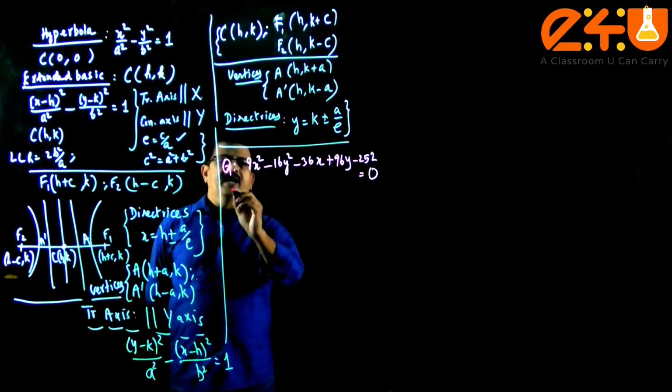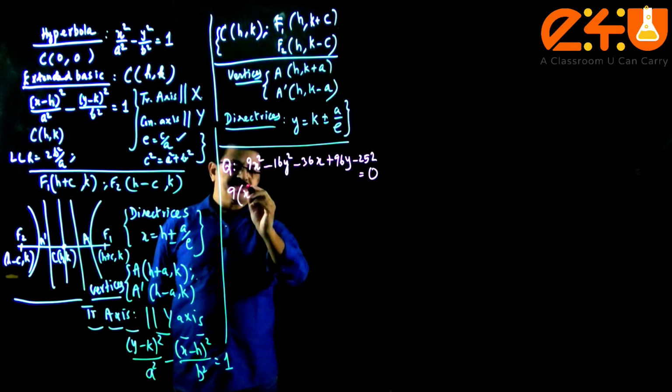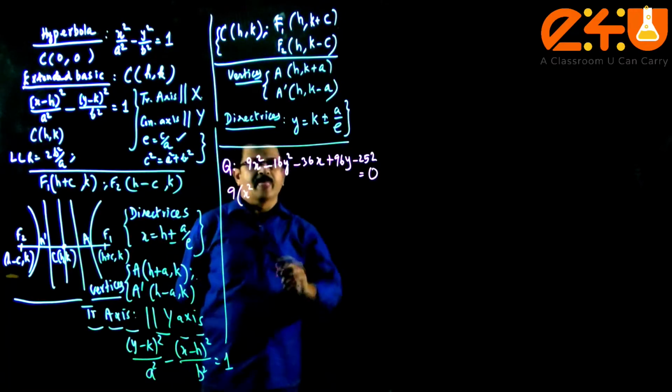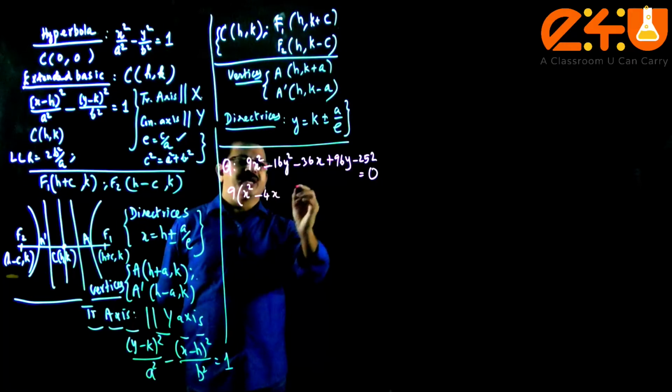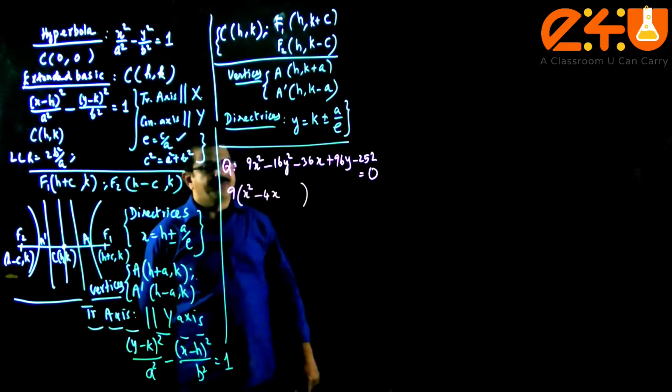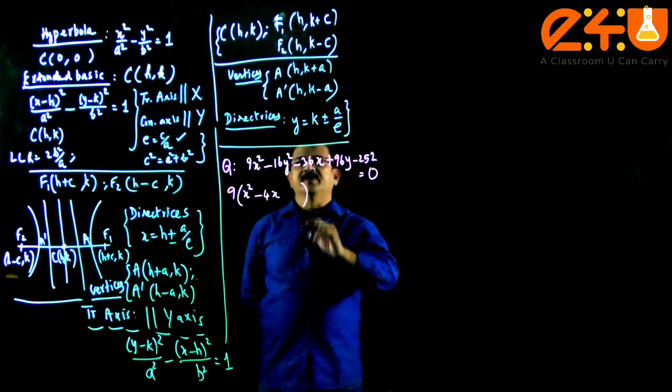So first collect the like terms, x terms. So 9 times x squared minus 4x comes after taking 9 common factor.